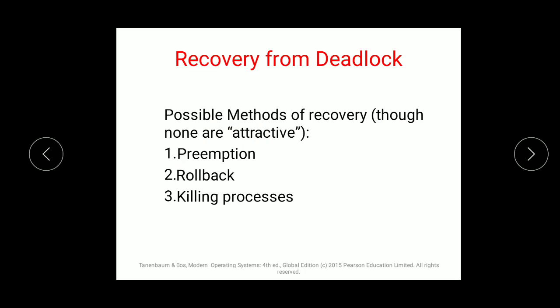So the first one is process termination, that is killing a process. When deadlock occurs, the operating system decides to kill one or more processes. If two processes in my system are asking for the same resource, I can give the resource to one process or the other.